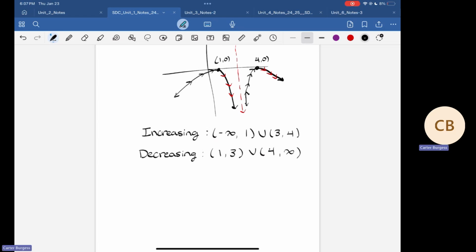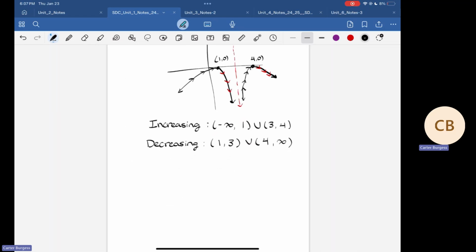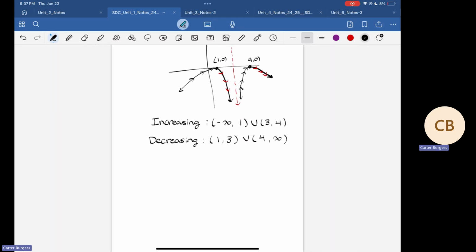We are also asked for absolute and local maxes and mins. So local maxes and mins, these are going to be those values that are larger than everything that is around them. So local max, I would say we have two of them, which are going to be the points (1, 0) and (4, 0).